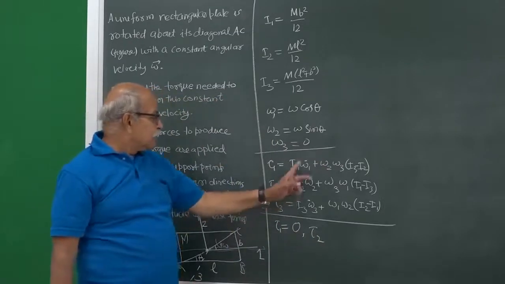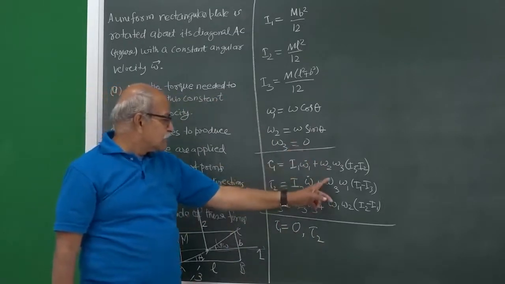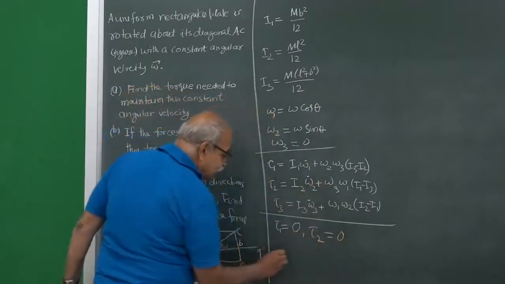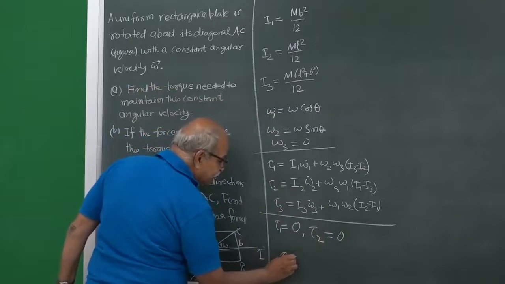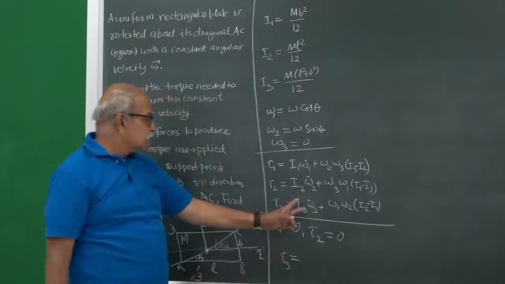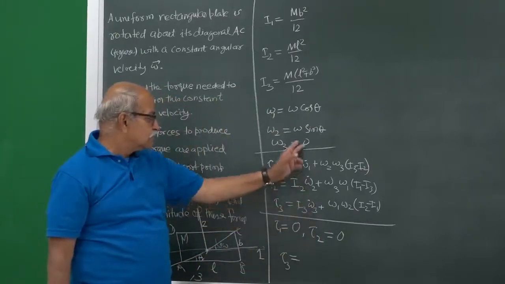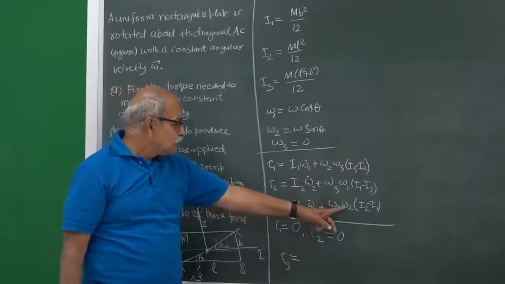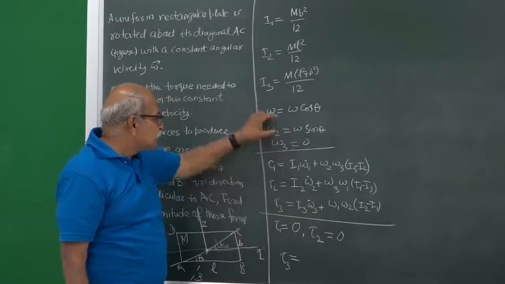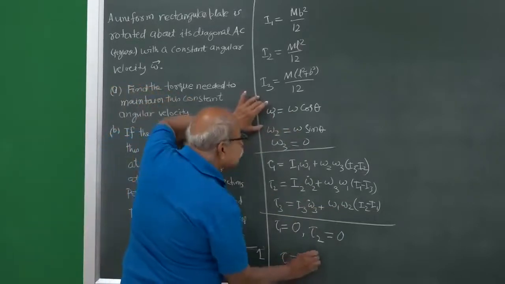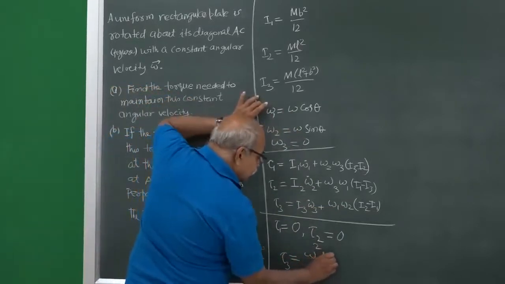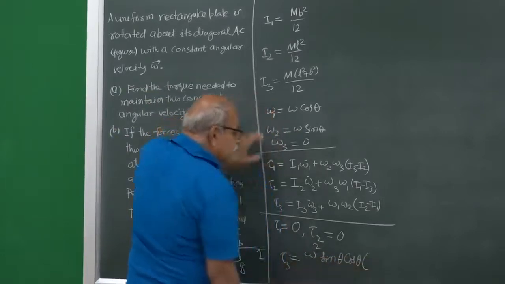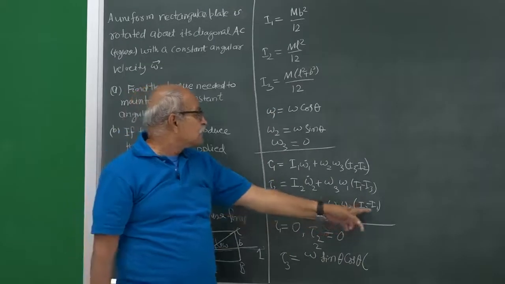Tau 2 is anyway 0, and omega 3 is 0. So, tau 2 is also 0 and we are only left with tau 3. This term is 0, omega 3 is constant, omega 3 dot is 0. Here it is omega 1 into omega 2, and that is omega square sin theta cos theta, and then I2 minus I1.